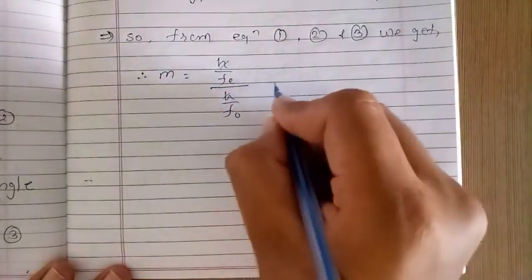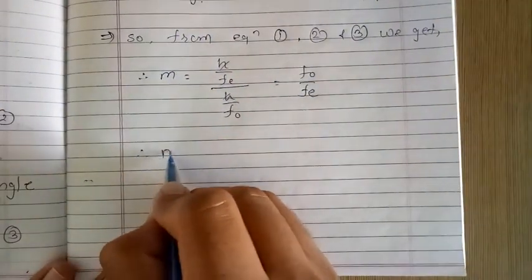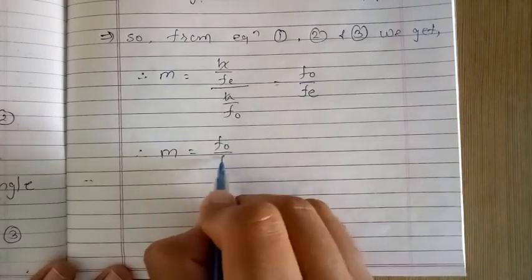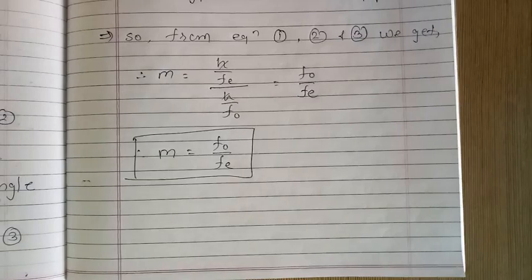The h cancels, so we get Fo upon Fe. So M is equal to Fo upon Fe. For the telescope we have to remember the formula of magnification, M is equal to Fo upon Fe.